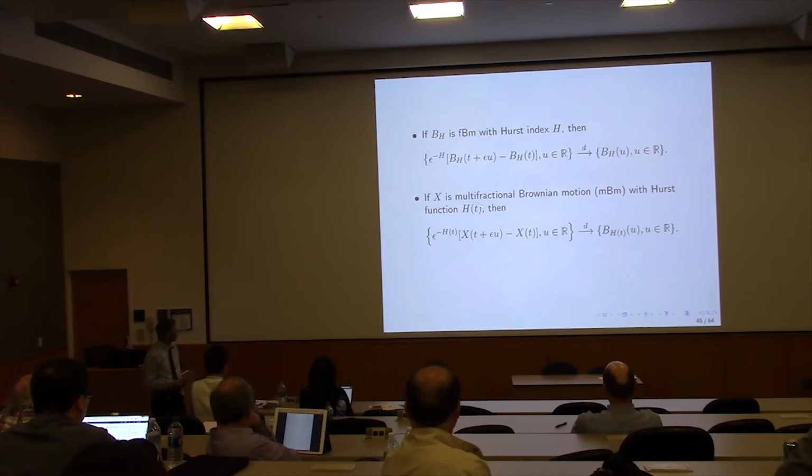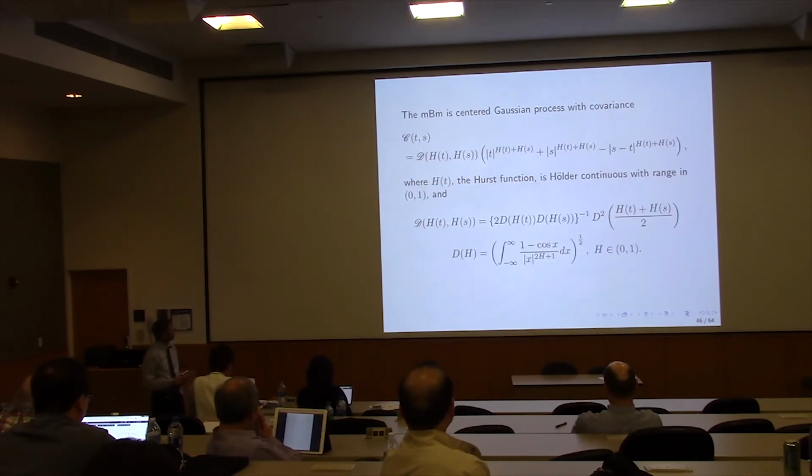Now, if X is multifractional Brownian motion, MBM, with Hurst function H, then at the point t the normalization involves H of t. Here H is the same for every t, but since we have a Hurst function that depends on t, what is multifractional Brownian motion?